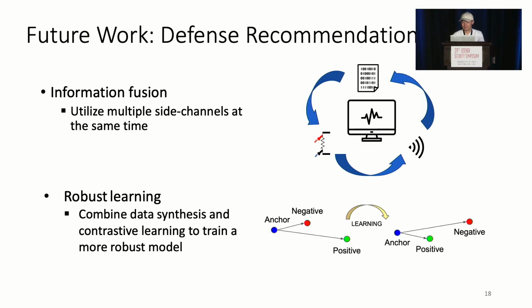Also, the success of our attack is partly due to the homogeneous nature of the signals used to train a monitor. If you look at the side channels for the same test case, they look very similar to each other. So fitting a robust learning technique in this scenario by combining data synthesis and contrastive learning to train a more robust model could also help.